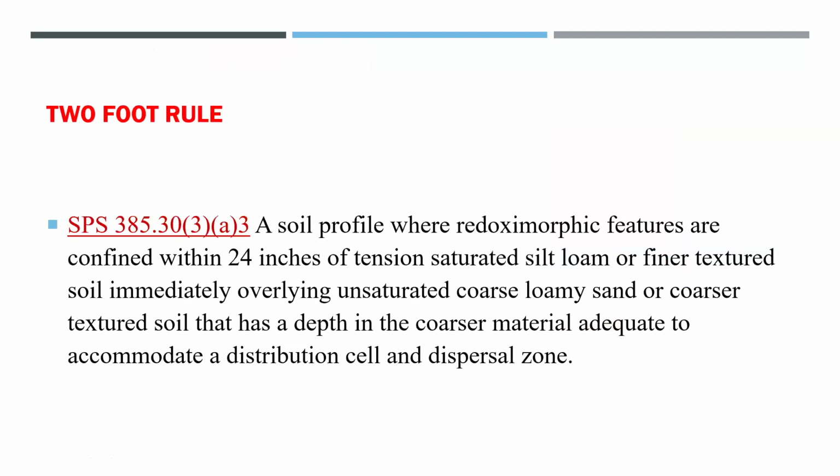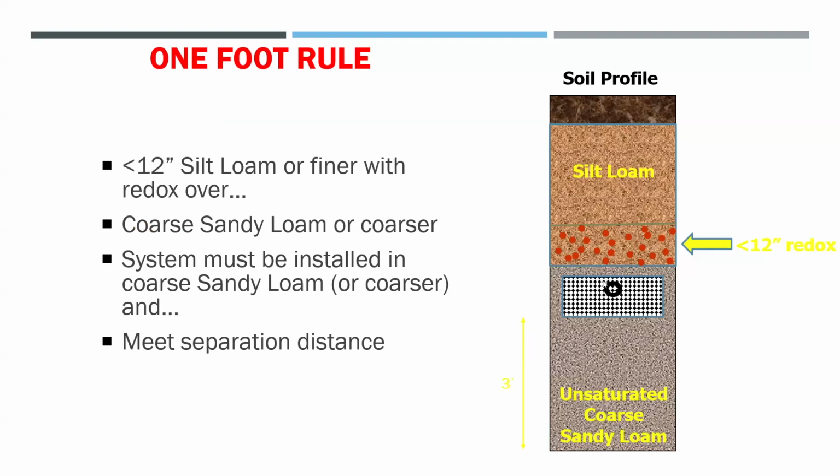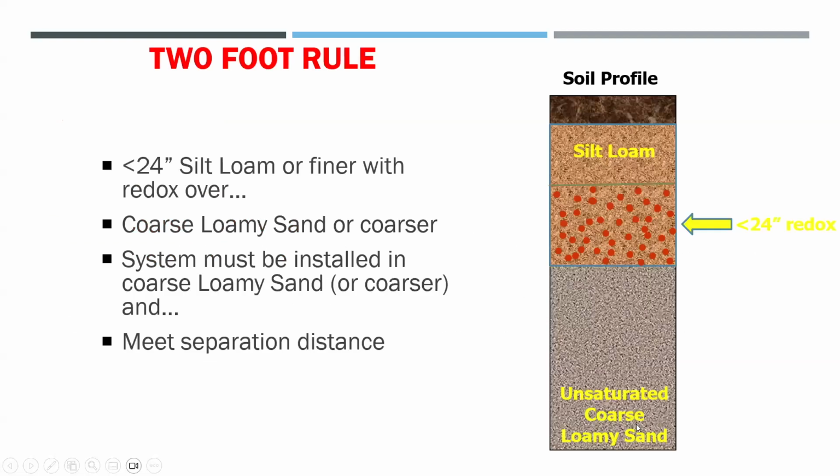The other one is called the 2 foot rule. Looks very similar, but the one change is instead of unsaturated coarse sandy loam, this one is unsaturated coarse loamy sand. So it's even coarser. So we can have up to 2 feet of redox in this heavier textured silt loam or silty clay loam or clay or whatever.